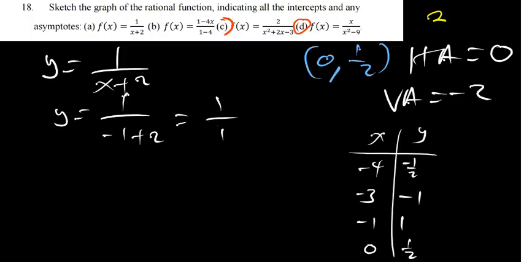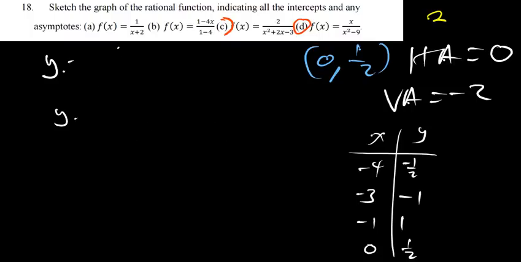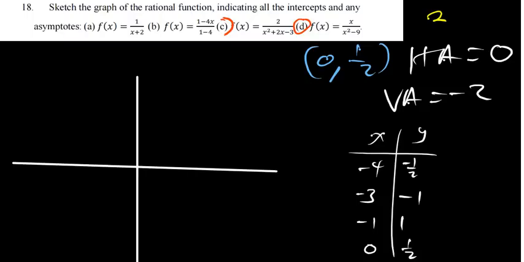After finding these coordinates, you just come here and say my vertical asymptote is at -2. I'll put -2 here. Then let me put -3 and -4 there and -1 here. That is the only thing which I have.